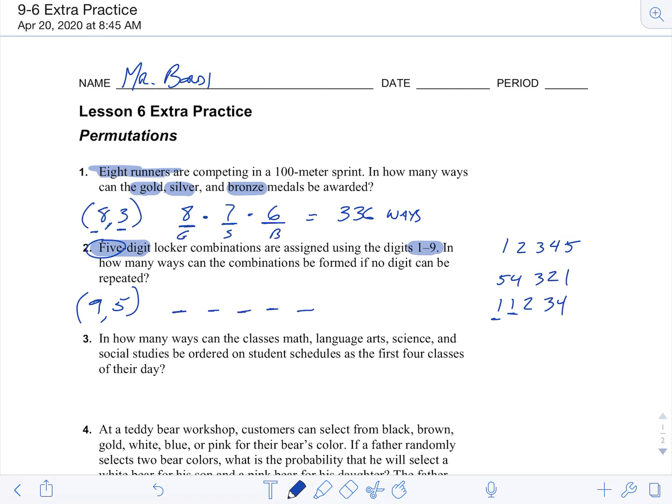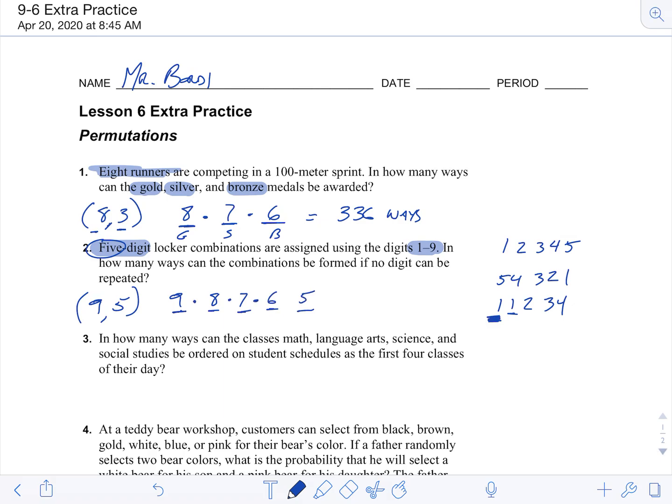For my first digit in the lock, I have 9 different possibilities. If I use one of those digits up, say I use a 1, I cannot use that 1 again. So for my second number I'm down to 8 options because I cannot repeat. Then I just keep going down, 7, 6, and 5.